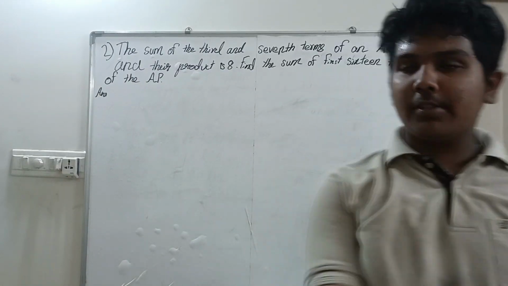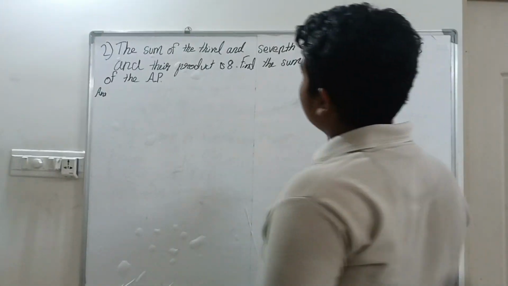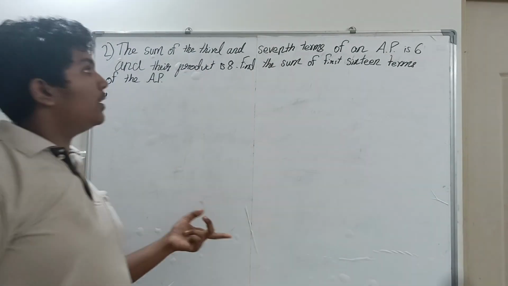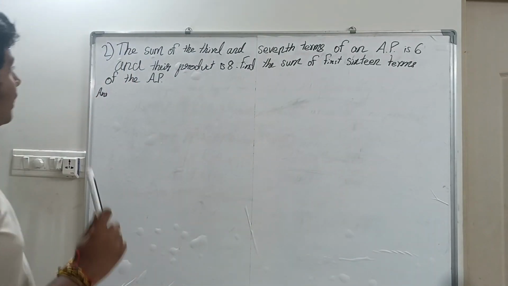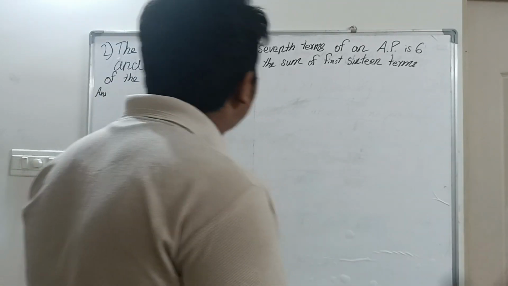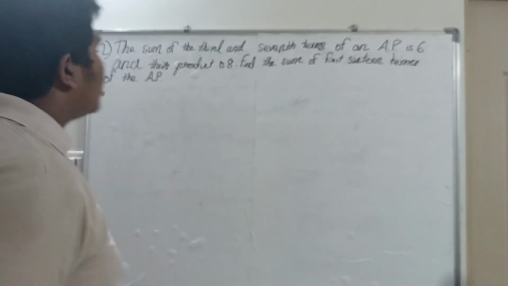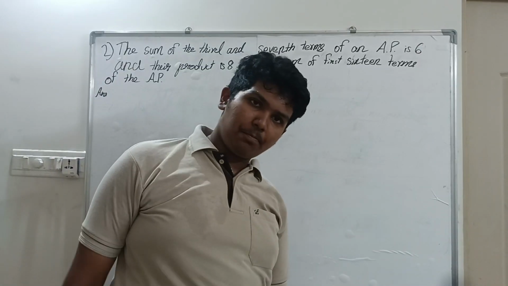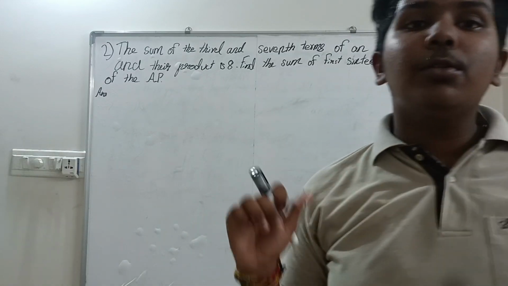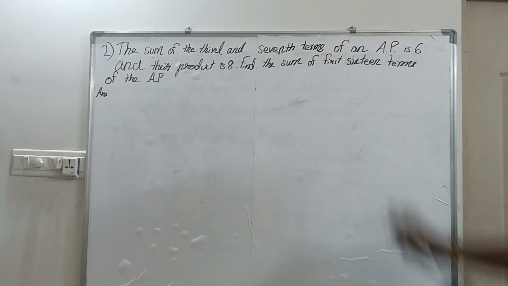Okay. Now second question. The sum of the third and the seventh term of an AP is 6 and their product is 8. Find the first 16 terms of the AP. What does it mean? You pause the video, read the question, and try to think.